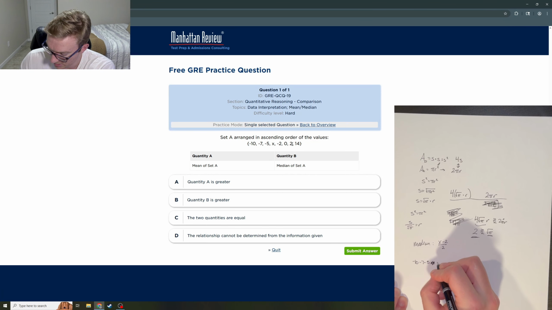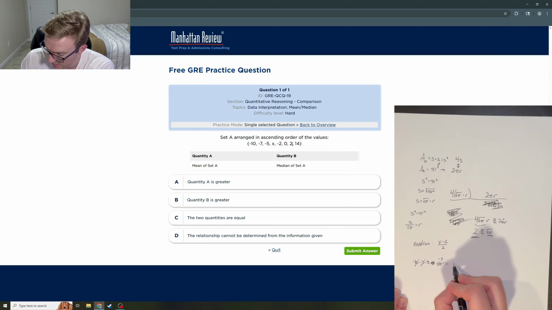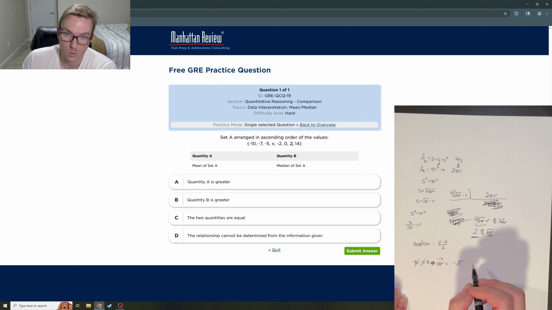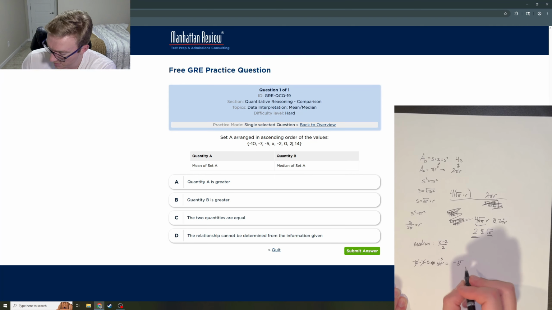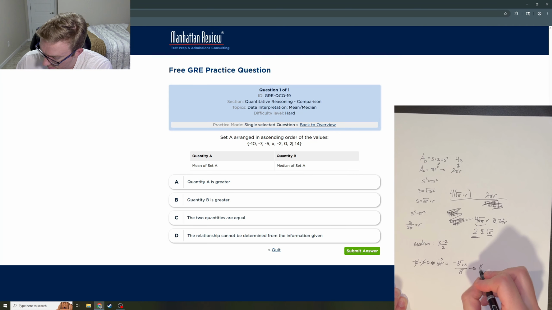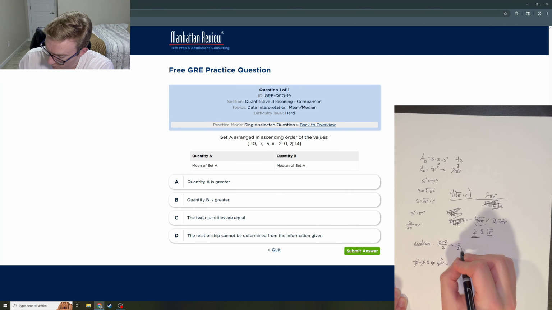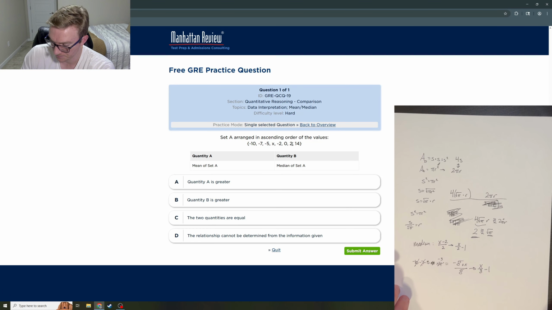Minus 10 and minus 7 make minus 17, plus 14 gives minus 3, so that's just minus 8. Then it's x minus 8 over 8, or x over 8 minus 1, while this is x over 2 minus 1.